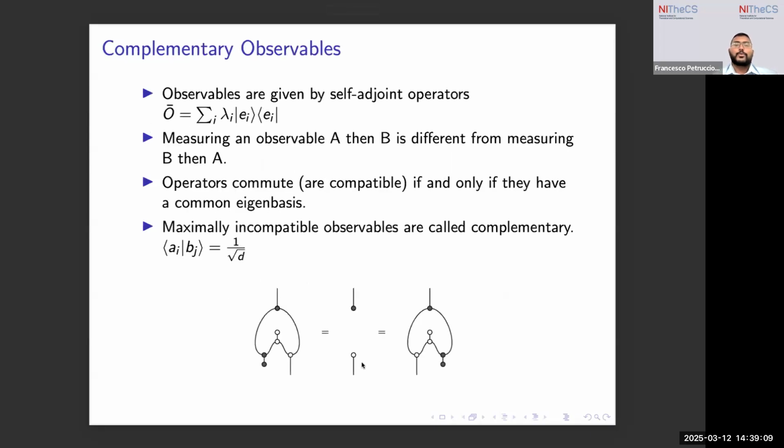So why are bialgebras and Frobenius structures important? Again, we go back to quantum mechanics. In quantum mechanics, observables are given by self-adjoint operators, and we can write it in diagonal form, as we've done on the top. Here, lambda i are your eigenvalues, and the e_i are your eigenvectors.